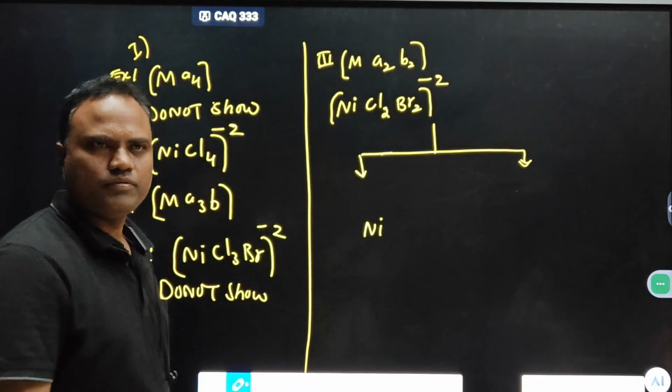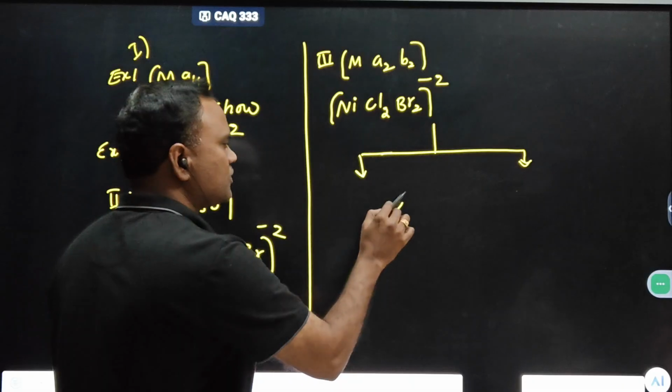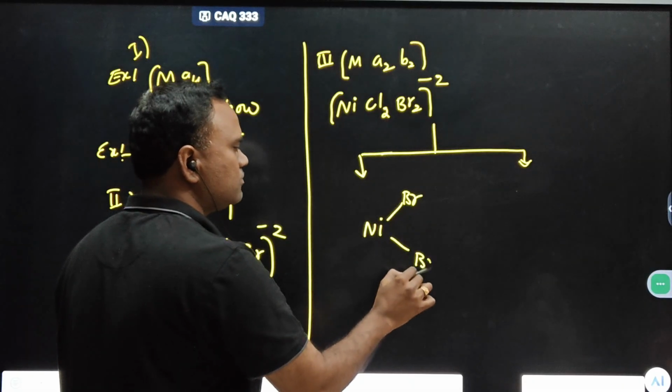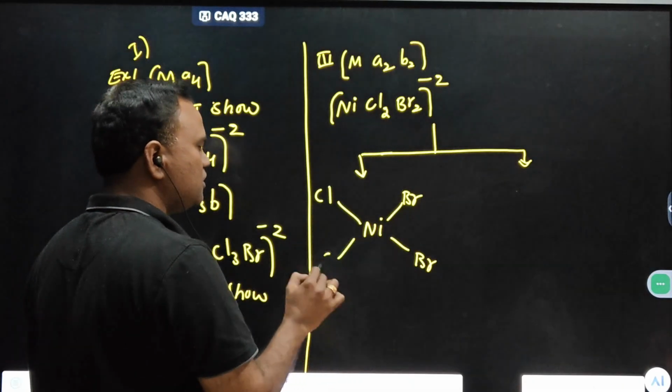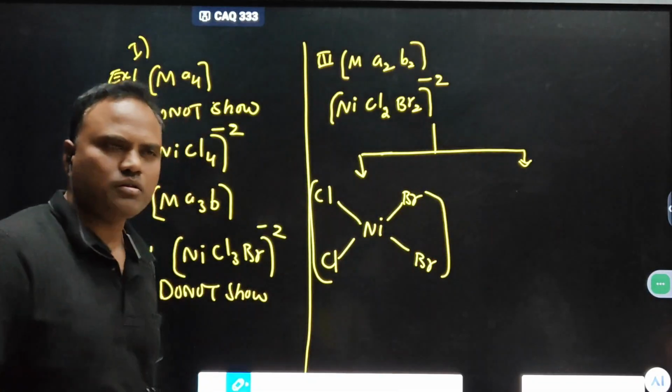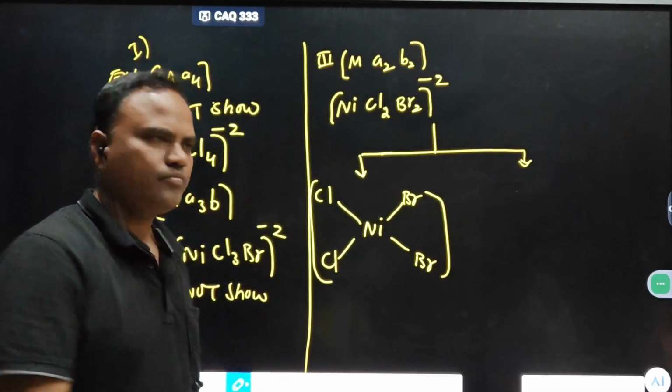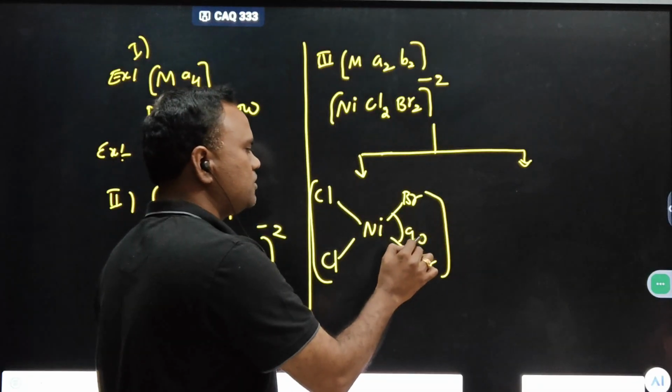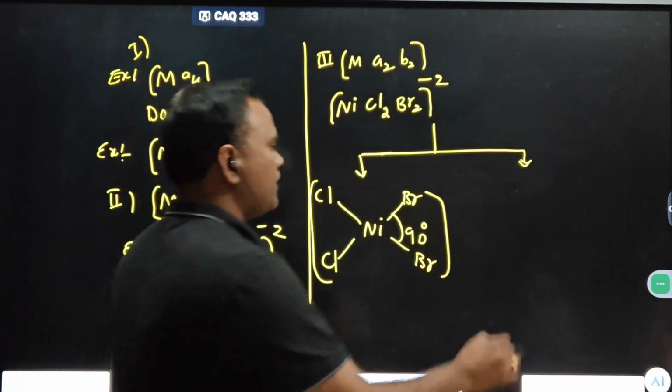Nickel. See, first write cis: Br, Cl. What is the angle between two similar atoms? 90 degrees. So this is the cis form, and this is the trans form.